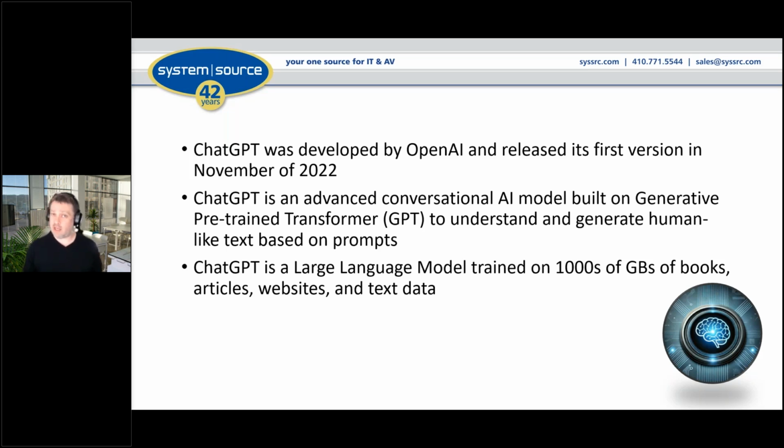So ChatGPT was developed by a company called OpenAI. OpenAI is a leader in the artificial intelligence industry, along with some big tech giants like NVIDIA, AMD, Microsoft, Google, etc. So there are some big players in this space.